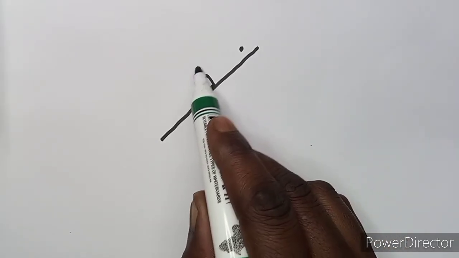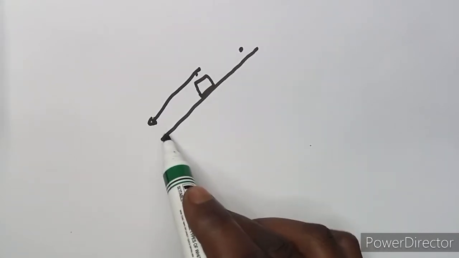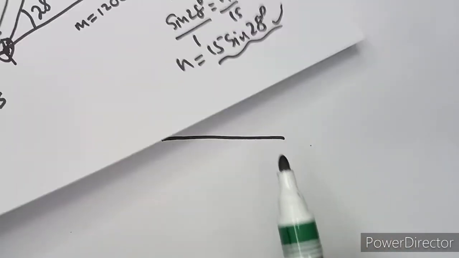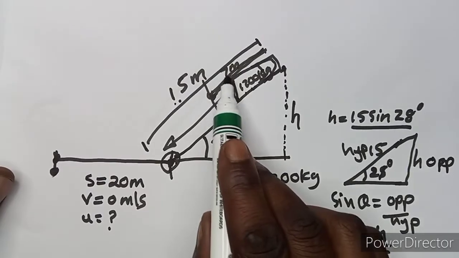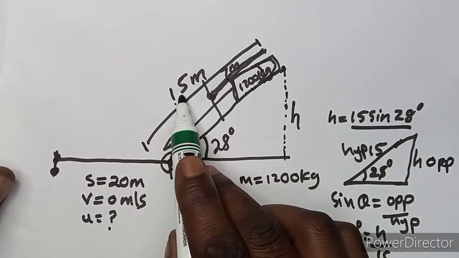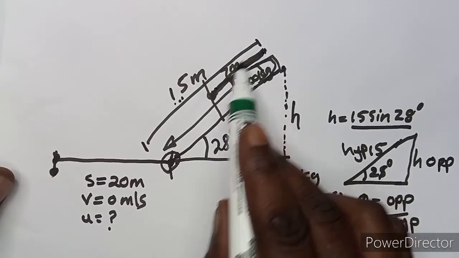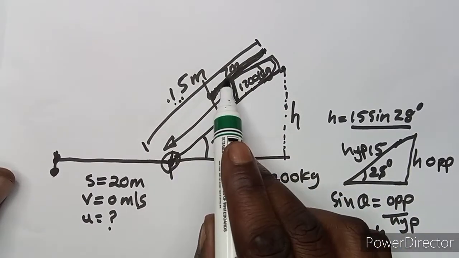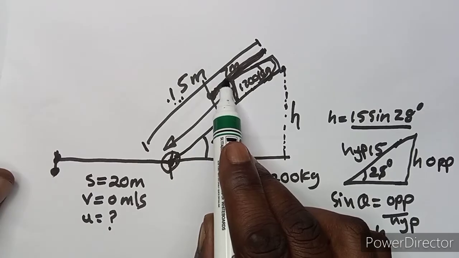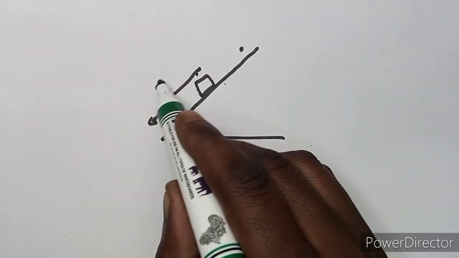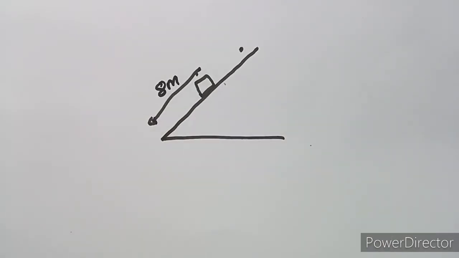So from this point to the last point here, it is going to be 8 meters. Why? We had 15 and this is 7, so we subtract 15 minus 7, and you remain with 8 meters.